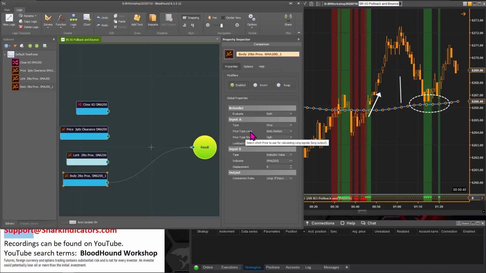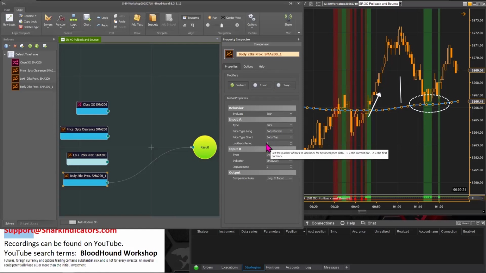So for a long bounce, we'll look at the body bottom there, like so, and switch this over to the body top, like so. And obviously we can see, we have a bunch of body bottoms that look like they're within a tick, right, of the SMA.